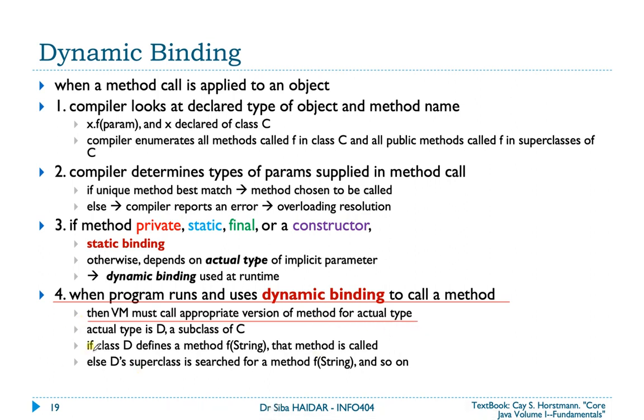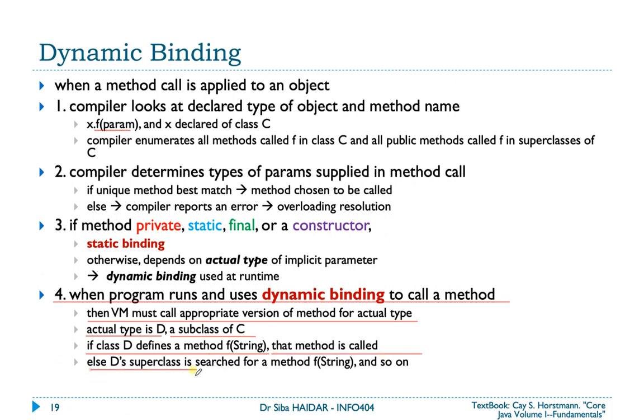The actual type, for example, is D, just like Manager and getSalary. The declared type was Employee, but the actual type was Manager. Inside Employee, there is the method getSalary, but when the virtual machine runs, it finds another getSalary method inside the actual type D that overrides the initial getSalary. So if class D defines a method called f(String), for example, that method is called first.